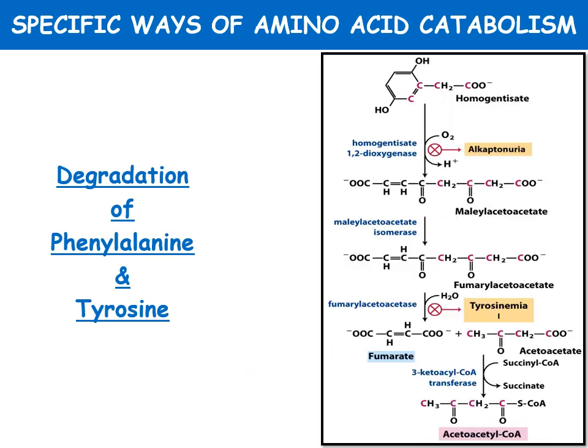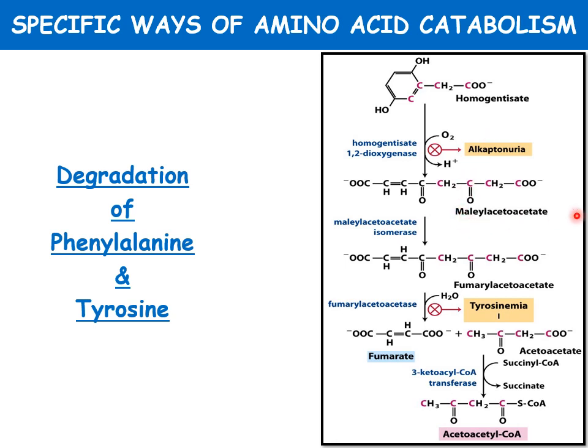This homogentisic acid gets converted into maleylacetoacetate with the help of homogentisate dioxygenase. Now, the absence of this enzyme leads to Alkaptonuria. We will see all these metabolic disorders at the end of this lecture.